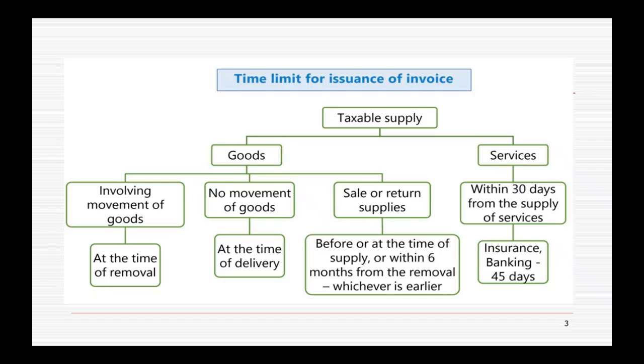There is a mechanism: on receipt of goods and services, in a month or weekly, you would decide whether to do it every day, weekly or monthly, you can prepare an inward invoice, and on the basis of the inward invoice you can enter it in your return and pay the GST.